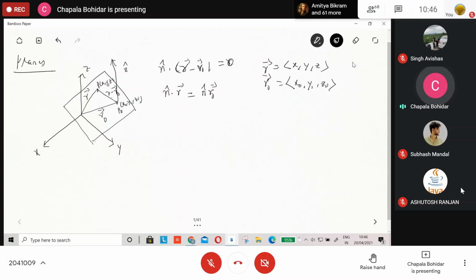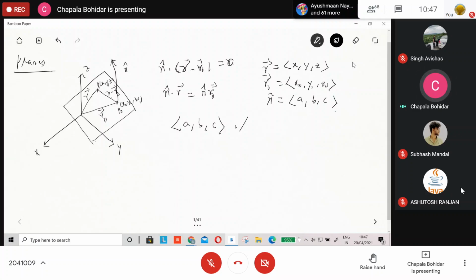Let us consider the components of this unit vector to be a, b, c. So what do you get here? (a, b, c) dot (r minus r0).